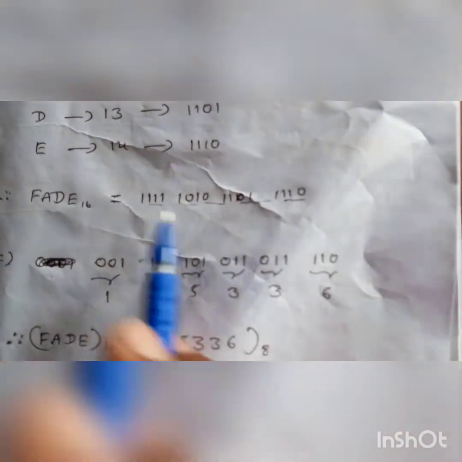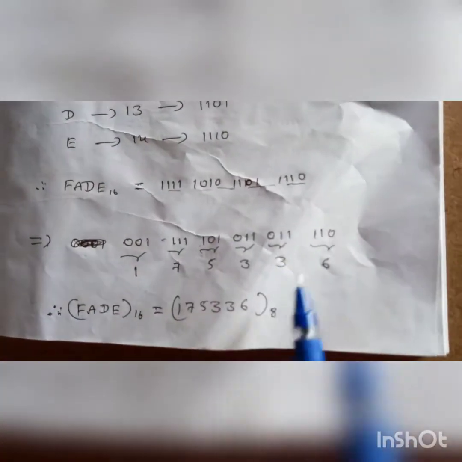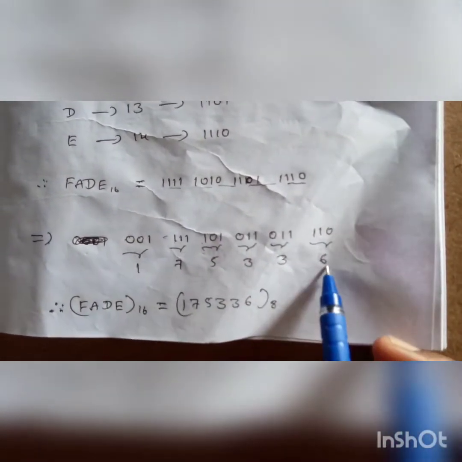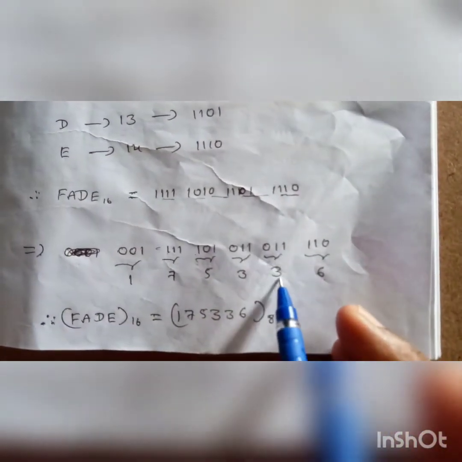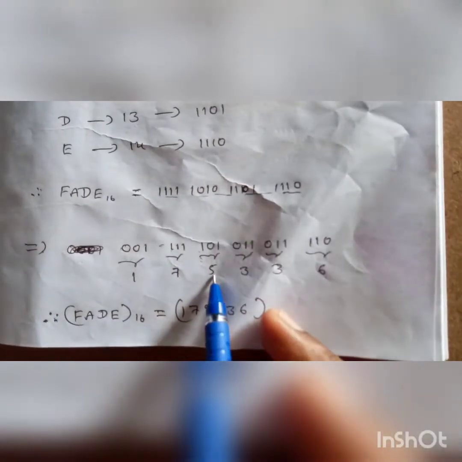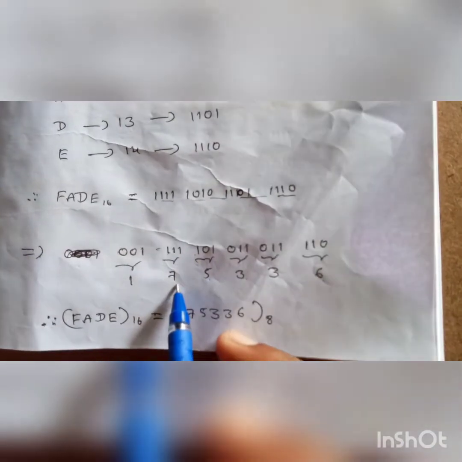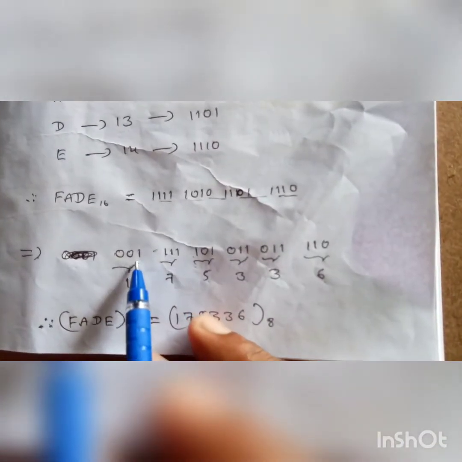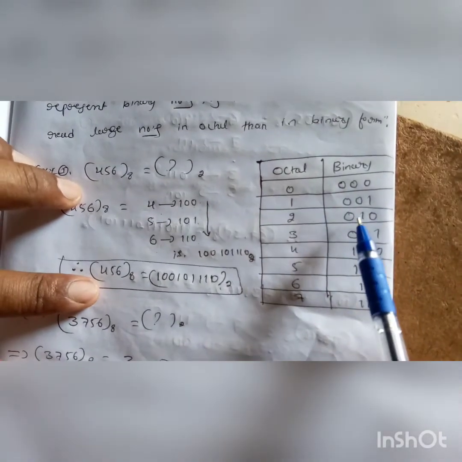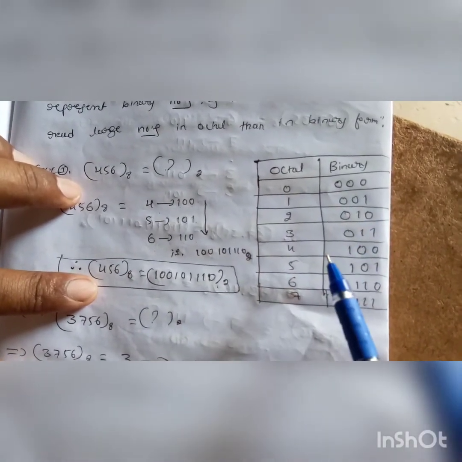After regrouping into 3 bits, we get the final octal digits: 110 is 6, 011 is 3, 011 is 3, 101 is 5, 111 is 7, 001 is 1, according to the standard table.